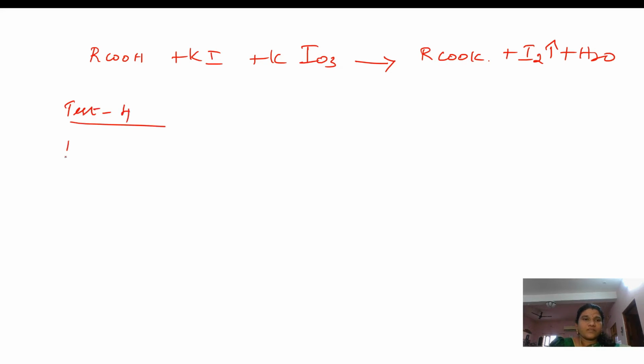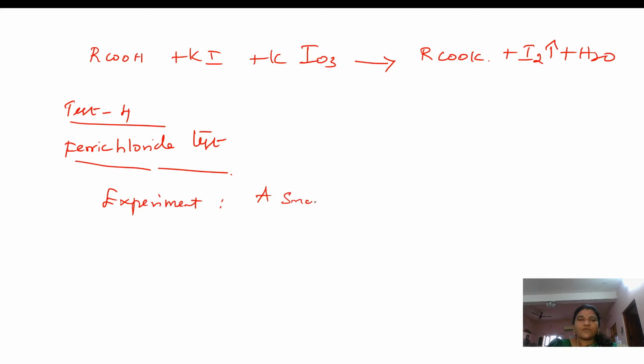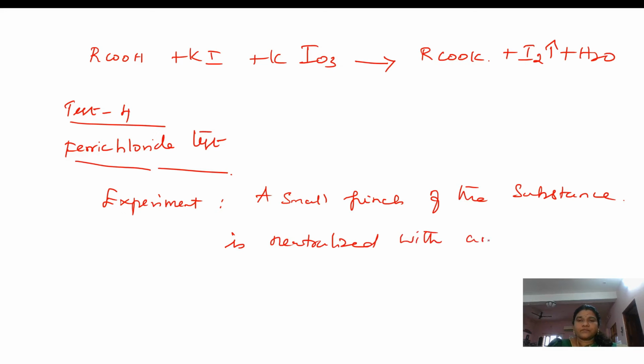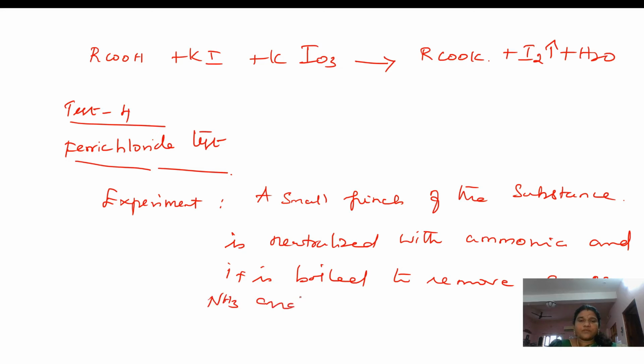Next, test 4 is the ferric chloride test. In the experimental part, a small pinch of the substance is neutralized with ammonia, boiled to remove excess ammonia, and cooled.